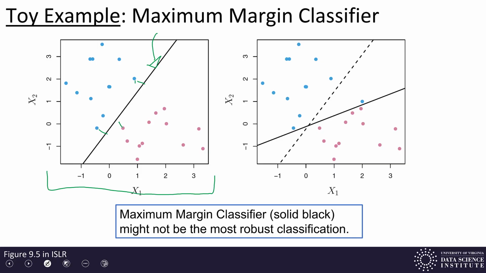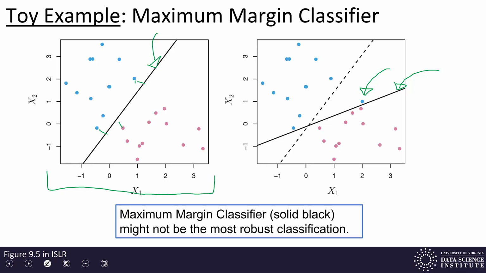Now, if you look at the data set on the right-hand side, all we've done is add one data point, and now our separating hyperplane, the dark black line, is here. And this doesn't look very good. It doesn't seem to give the best separation between these two classes, at least not the most robust separation possibly.